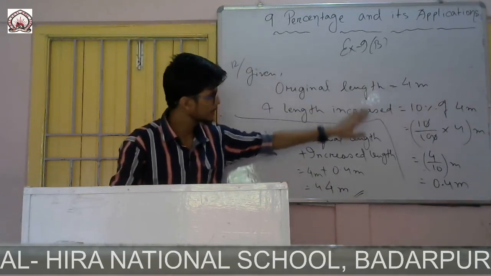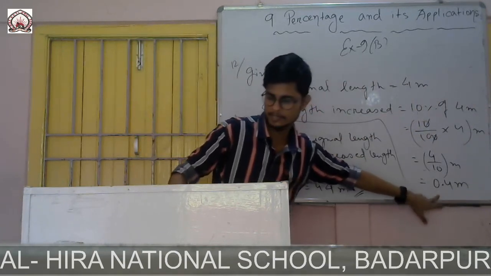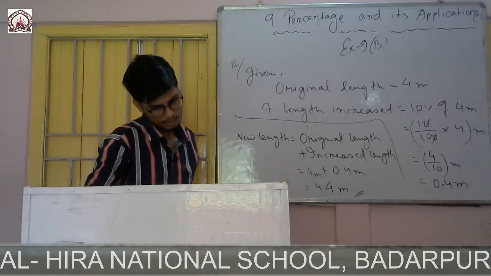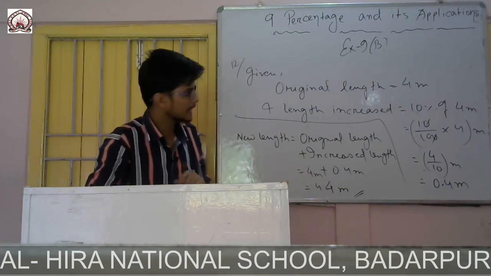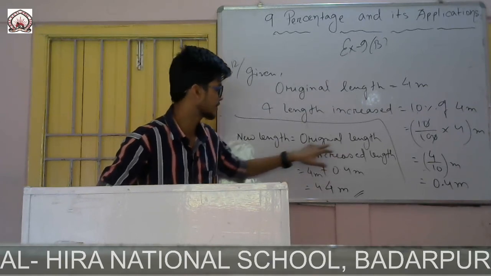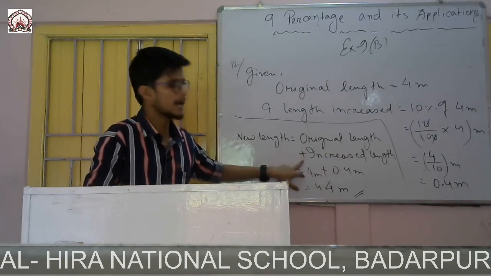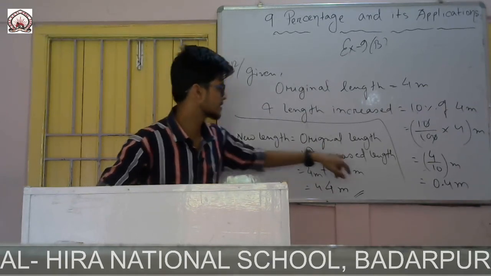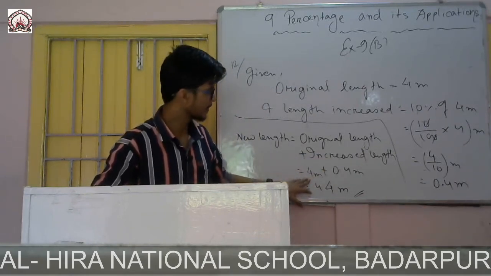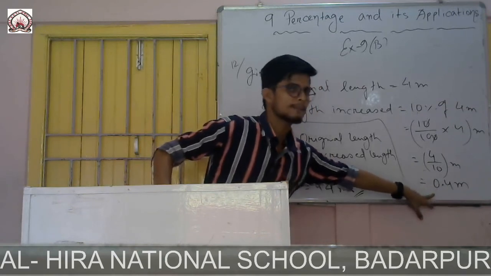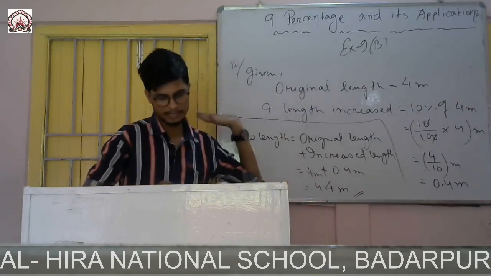Then you solve this one, you will get one value. The question is to find the new length of the rope. So new length will be original length, in place of plus it will be minus, original length minus decreased length. Then you write original length 150 minus the value you got, and solve, you will get the answer.